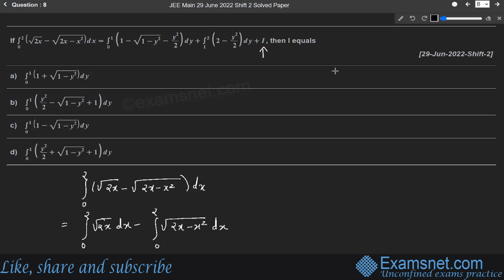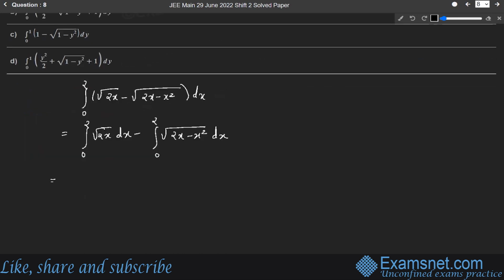To solve the first term, it is very easy because it is integral of root 2x dx. Root 2 is a constant, so it will be outside. Then we have integral of 0 to 2 root x dx minus integral of 0 to 2 under root of 2x minus x square dx.